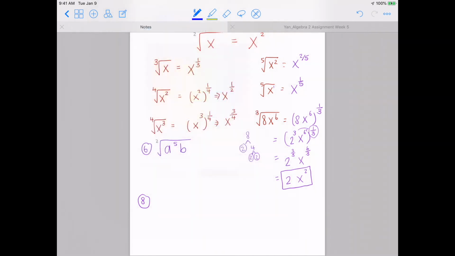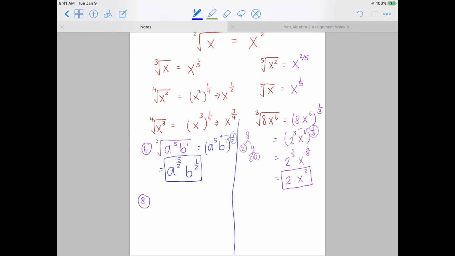So I'm going to rewrite this as a to the fifth power, b to the, there's an invisible 1 as well, so it's 1, to the 1/2. And then we take the 1/2 and bring it into each of them. So we get a to the 5/2 and b to the 1/2. And that's your answer. If there's nothing that you need to simplify, just leave it as it is.